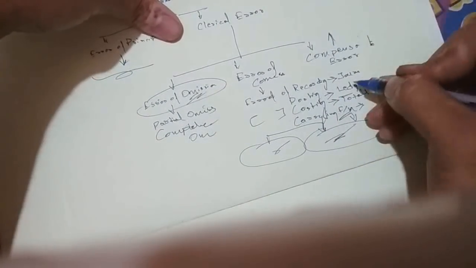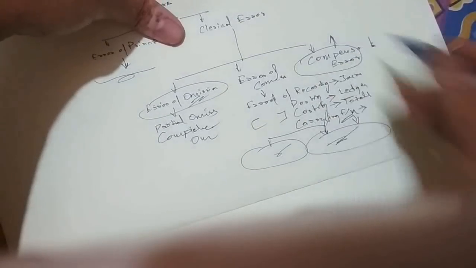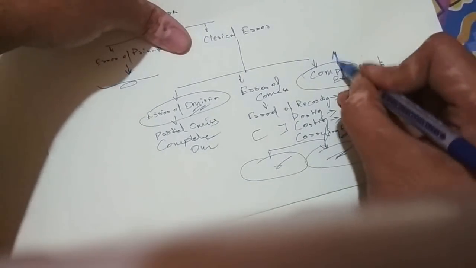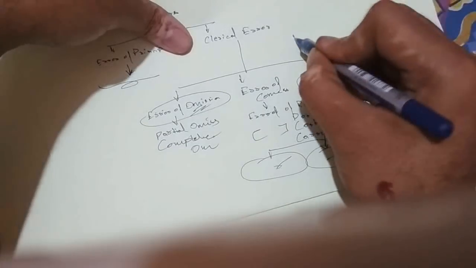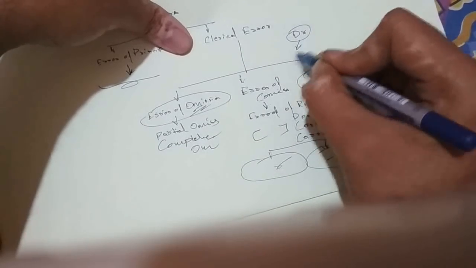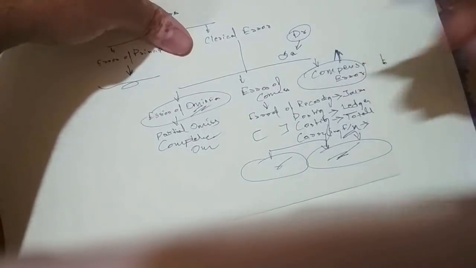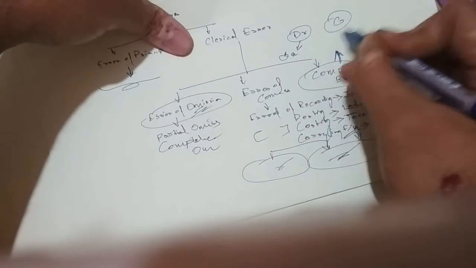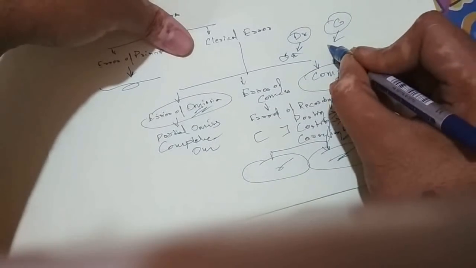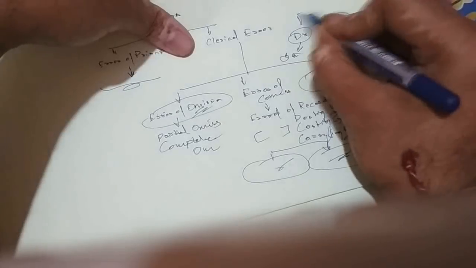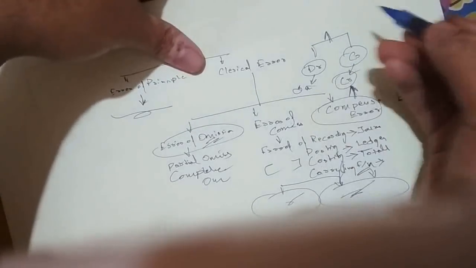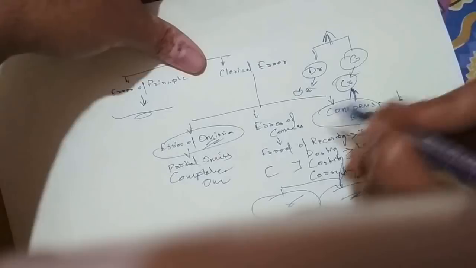Next, the compensating error. These are the toughest ones to find, because in a compensating error, if we debit something with some extra amount, at some other place we credit something with that same extra amount. So in the trial balance, you will get the balance as desired, but there is a hidden error.